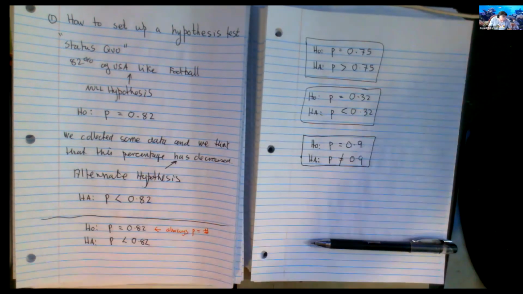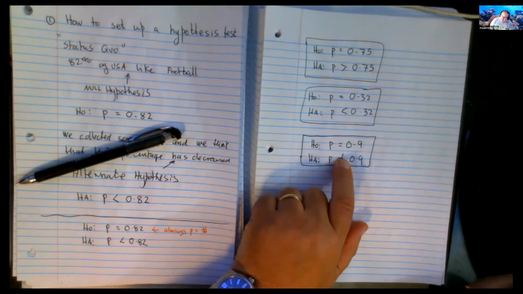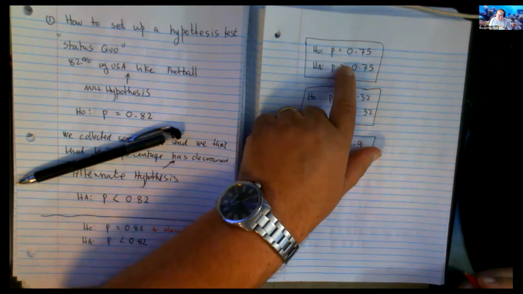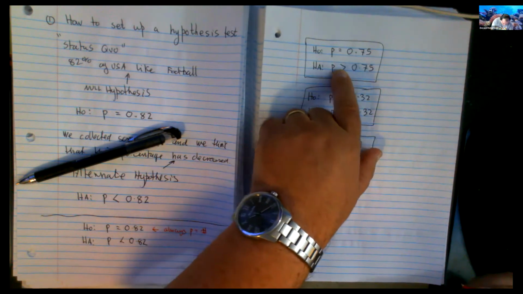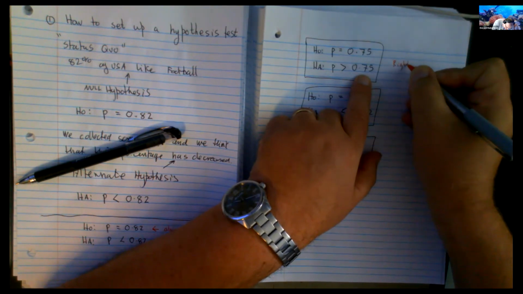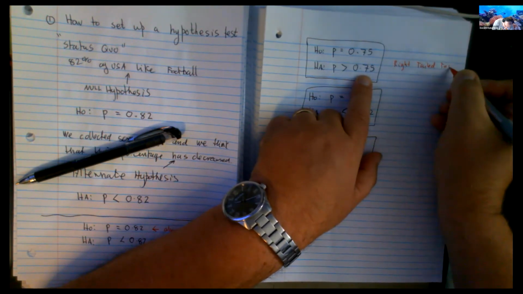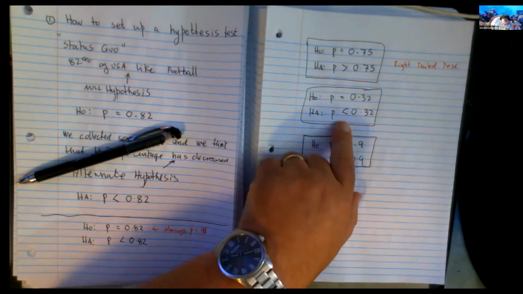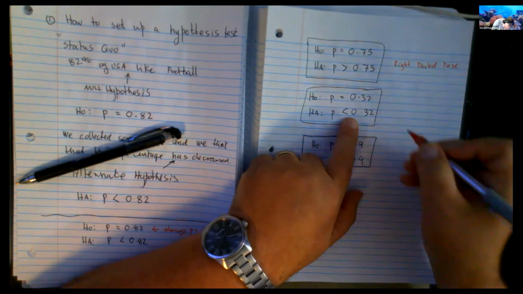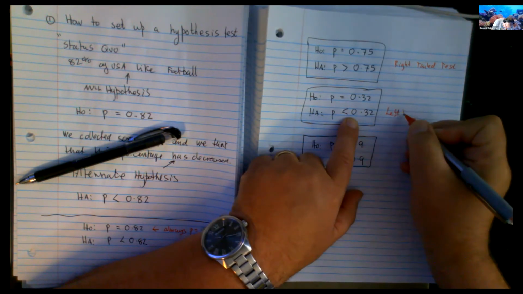We even have special names for each of these tests. This one here, when you think the evidence is that it's changed and got bigger, that's called a right-tailed test. This one where we think it's got less is called a left-tailed test.